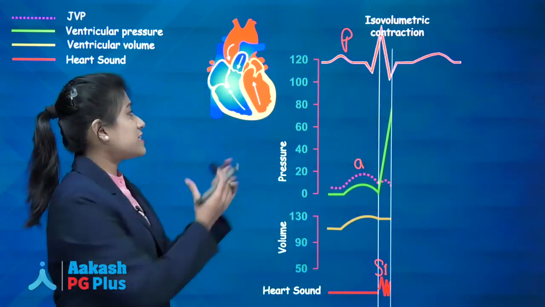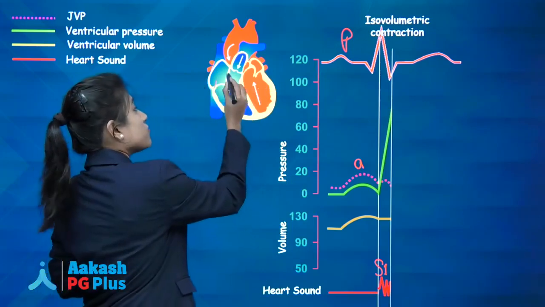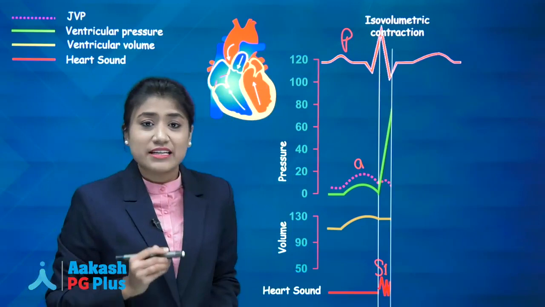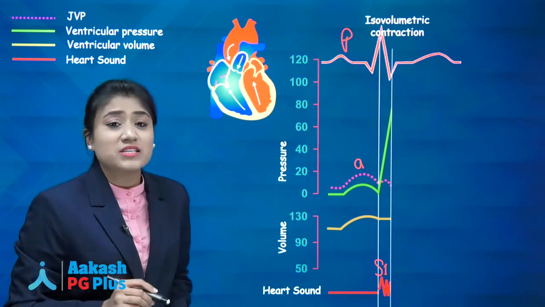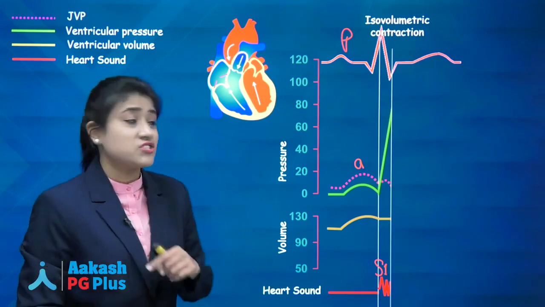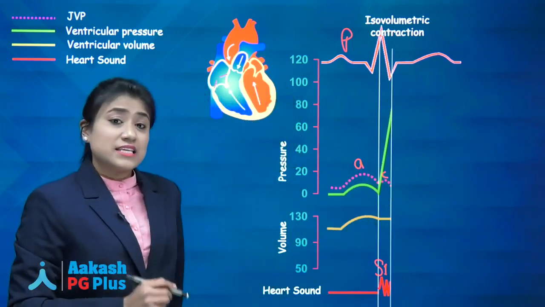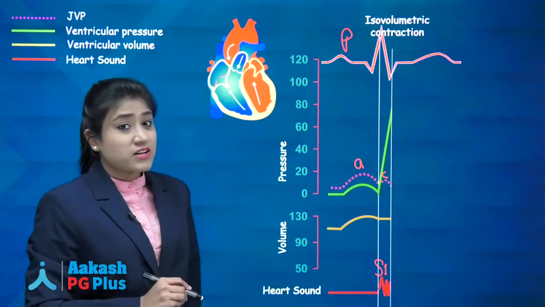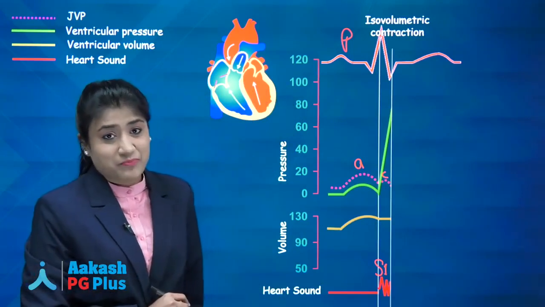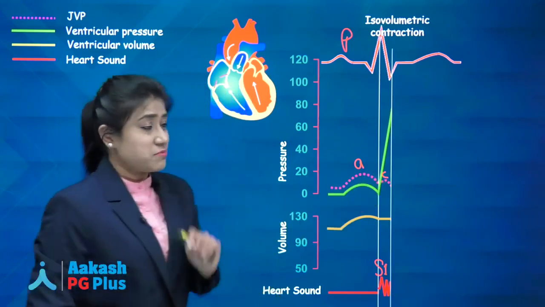Remember guys, during this isovolumetric contraction, there is bulging of the AV valves into the atrium, which is causing an increase in atrial pressure and which is reflected in the JVP as the C wave. Okay, the C wave is due to bulging of the tricuspid valve into the atrium. Got it? So, we have the C wave on JVP.